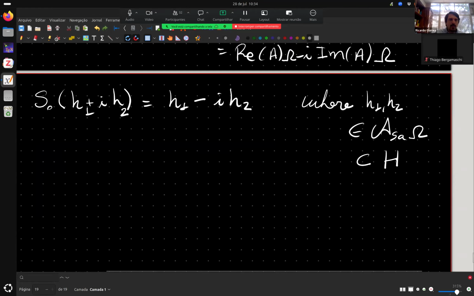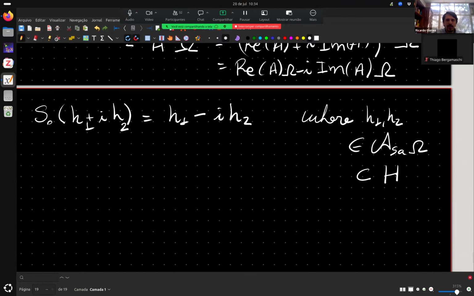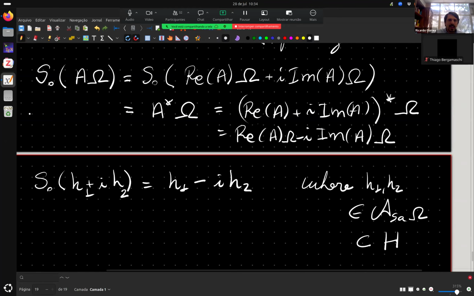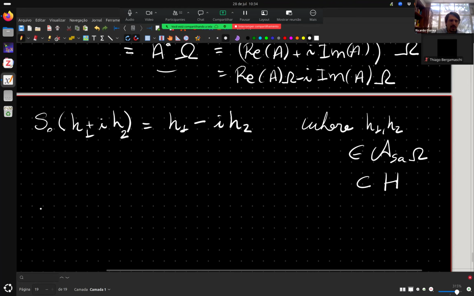Okay, so I can define it this way. Here I'm looking just at this space that I get from the operators, only from taking the star of an operator. I can also look at another one.